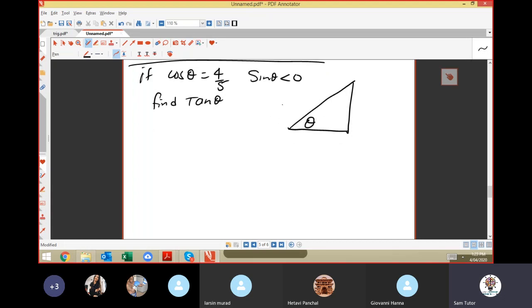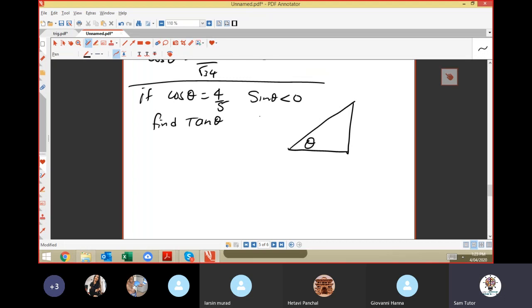Theta's here, and then the adjacent would be 4 and the hypotenuse would be 5. Yep. And then I think just the basic 3, 4, 5 triangle. You can work that out, but that becomes 3, 4, 5. It's telling you now sine theta is negative, right? But we will just quickly draw that as all stations to central.